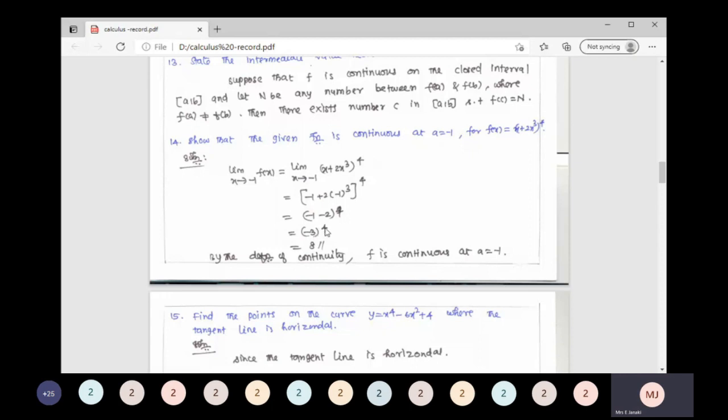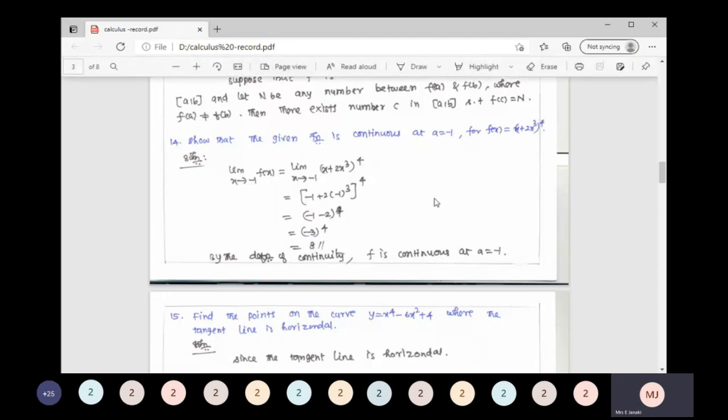Then 3 square into 3 square, 9 into 9, 81. So the function is continuous because you are getting a finite value. When you are substituting x tends to minus 1 for the given function, the value exists. Therefore, the function is continuous.